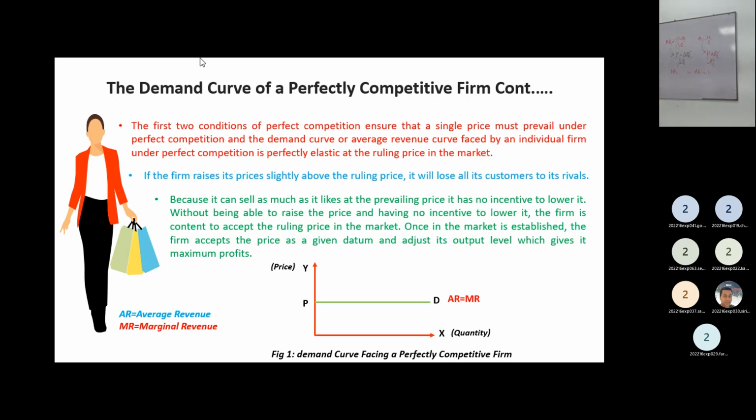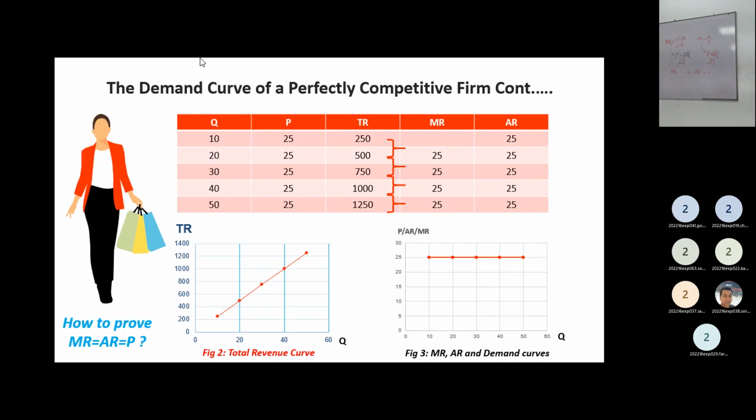It's perfectly elastic. Then this is how we could prove that their price equals average revenue and marginal revenue. So this is the normal behavior of their total revenue curve. And this is their price, marginal revenue, average revenue, and even their demand curve. Clear?